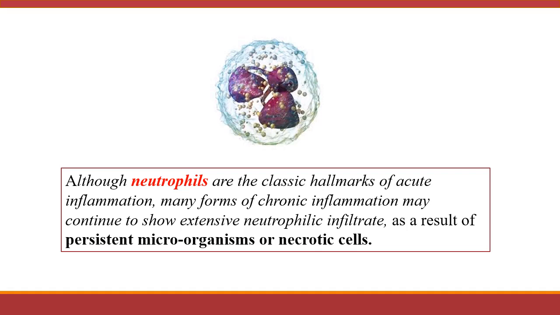Again, because we don't want any confusion, they are classically acute inflammatory cells, but they can also be present in some cases of chronic inflammation that have extensive necrosis or persistent microorganisms, or as acute attacks on top of the chronic long-standing inflammation.